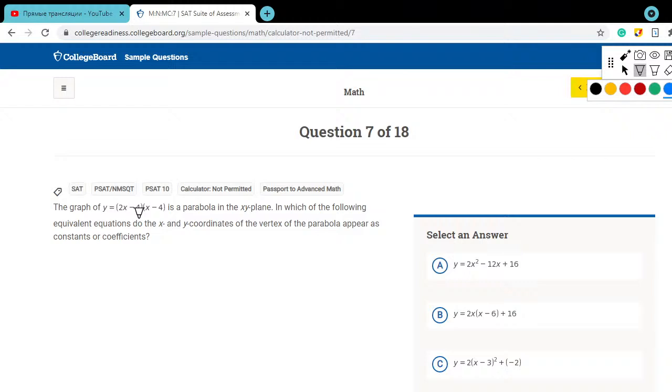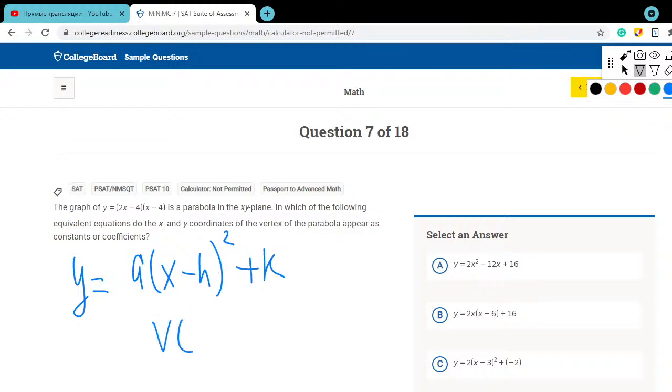But the other type is writing it as y equals a times x minus h squared plus k. We will have a vertex with coordinates h and k. Let's write it in this form.